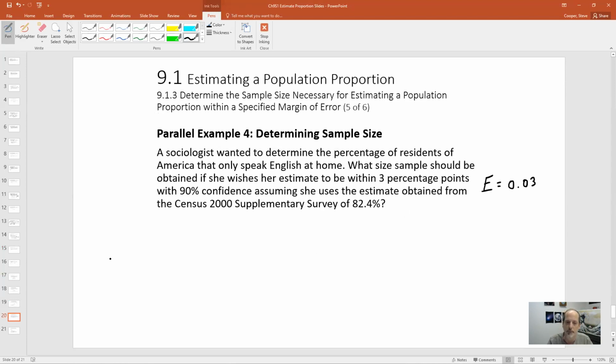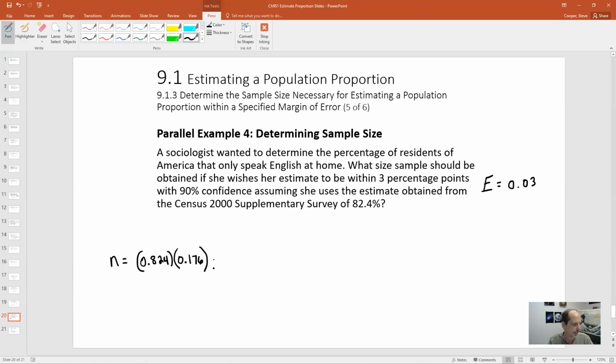Okay, so plugging in the parts to your formula, what we need is n equal to 0.824. So there's our p hat, times 1 minus 0.824. Okay, so that would be 0.176, which is 1 minus 0.824. So p hat times 1 minus p hat.